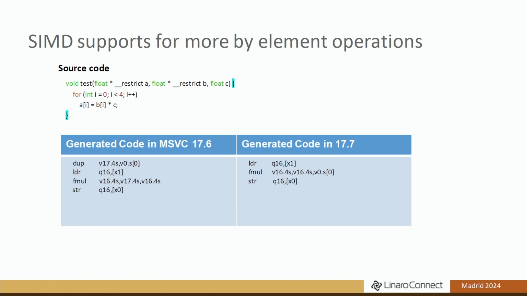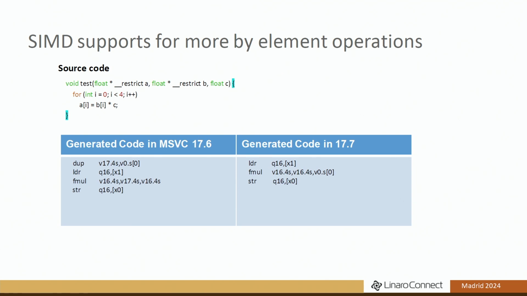In release 17, instead of having to do a duplicate, we can just directly multiply using element 0, multiply into vector 17 and put the result back in vector 17.